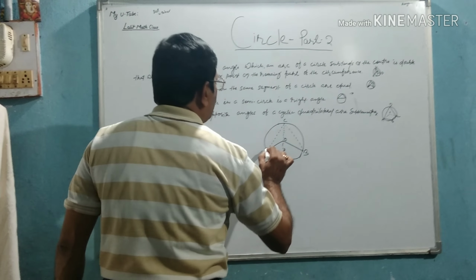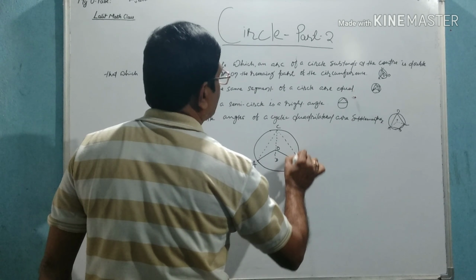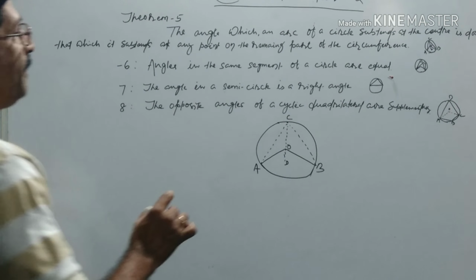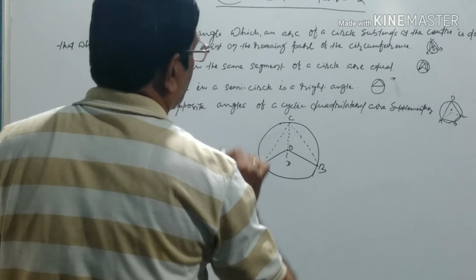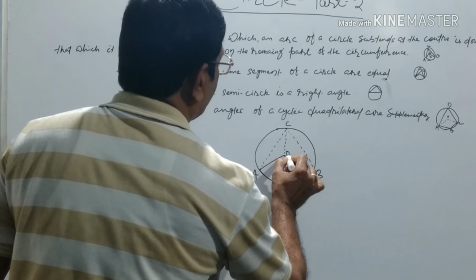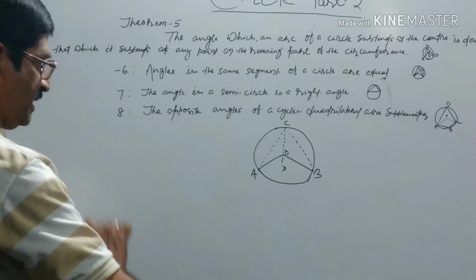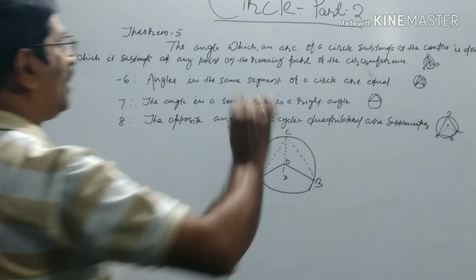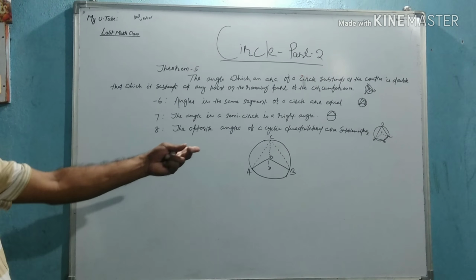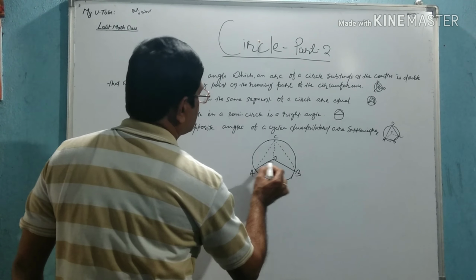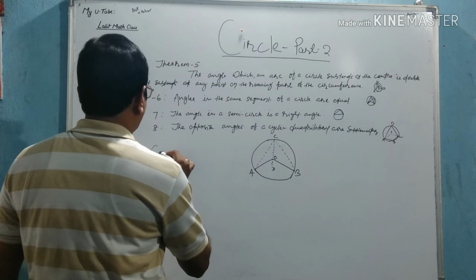In the remaining part, that is the ACB part of the greater arc, wherever an angle is formed, that will be half of the center angle, or in other words, the center angle is twice that circumference angle.